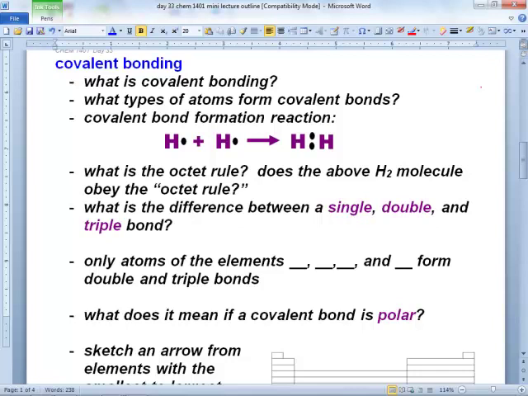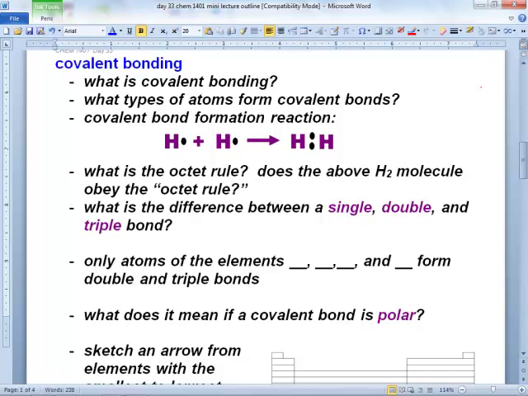Right? If you have a metal, they just form cations, and then you have an ionic compound, with the plus and the minus. So as long as you don't have a metal, you're going to form molecules. Only nonmetals. Remember that kind of stepladder thing? It goes something like this. So only this stuff forms molecules.